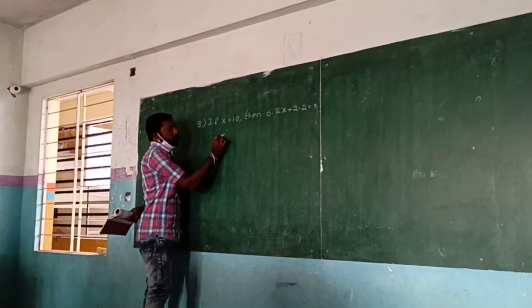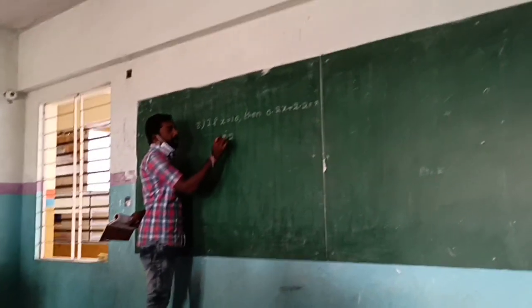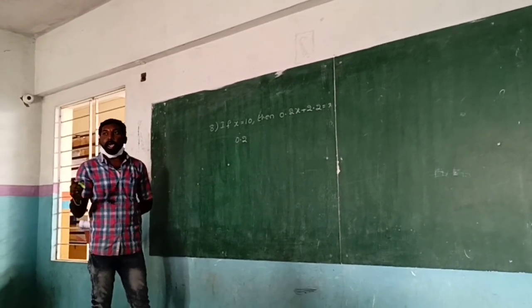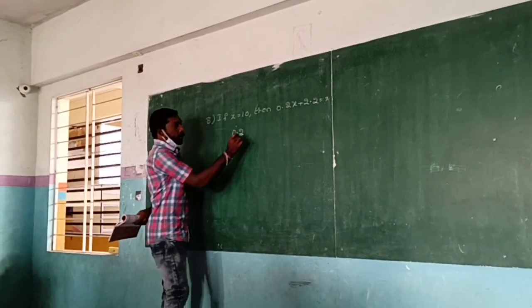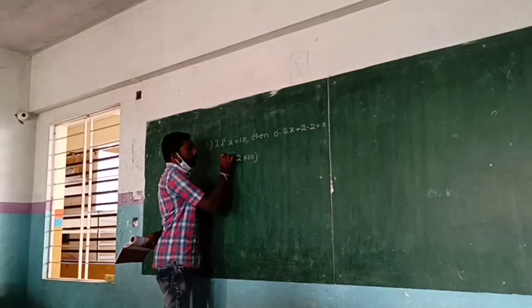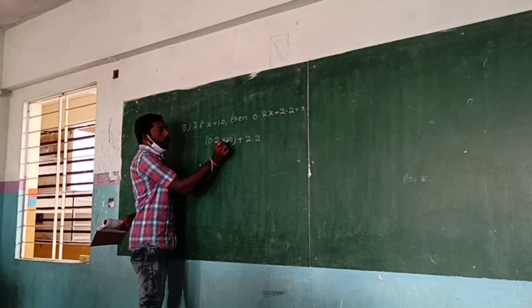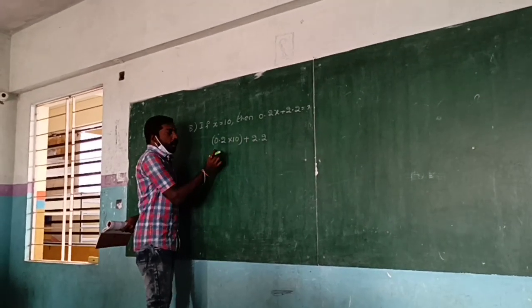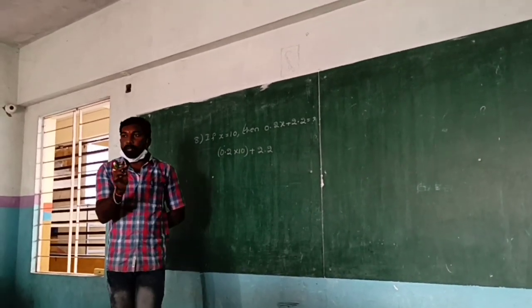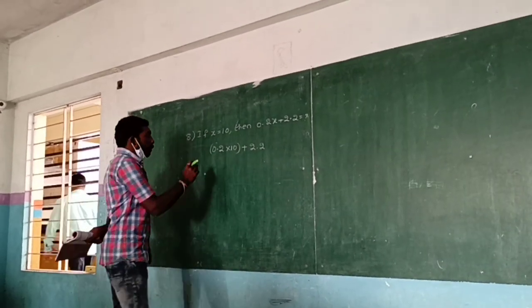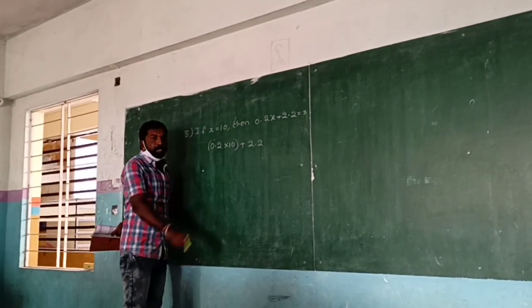So 0.2x means 0.2 into x, so 0.2 into 10 plus 2.2. Whenever you are multiplying a decimal number with the powers of 10, the decimal point shifts towards the right side.